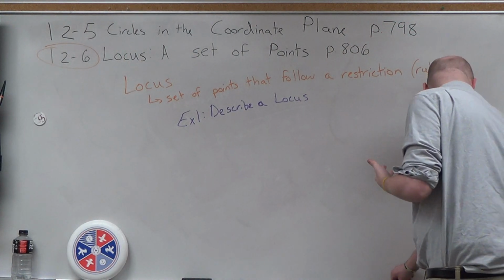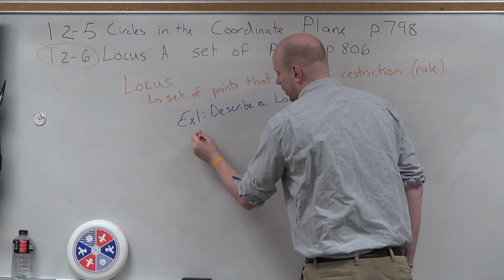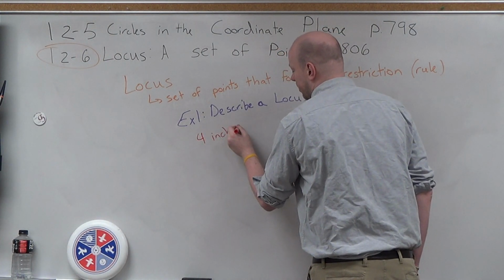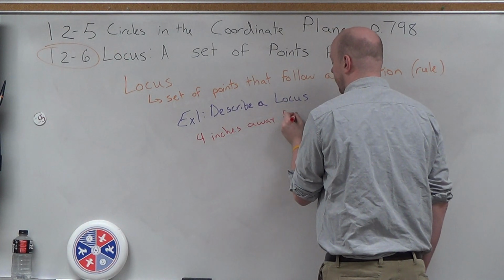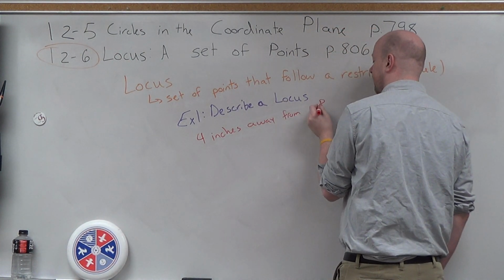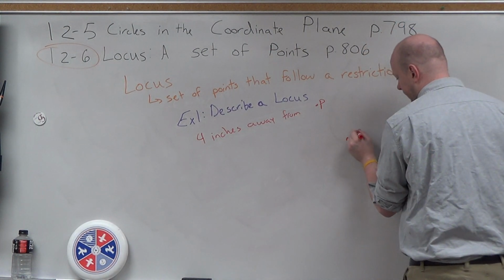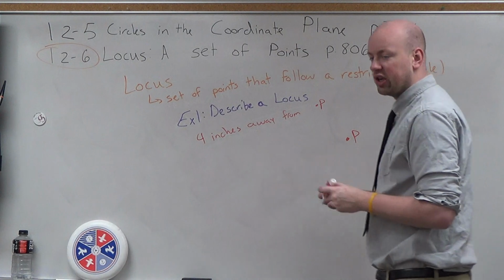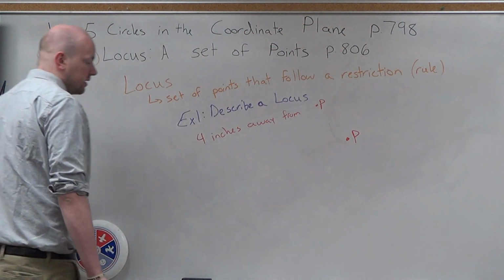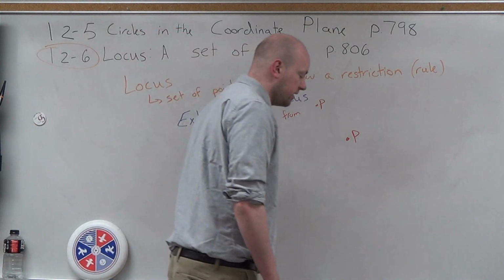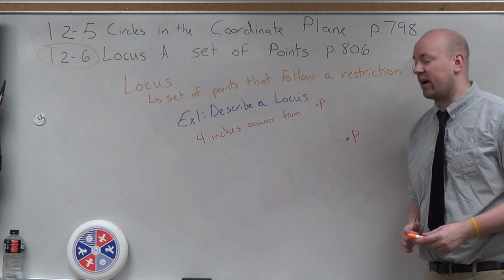So let's say it has to be 4 inches away from point P. First of all, we need a point P. That's as good a point as any. Now, we need to list a set of points. A set of points is just all the possible values that follow that rule.